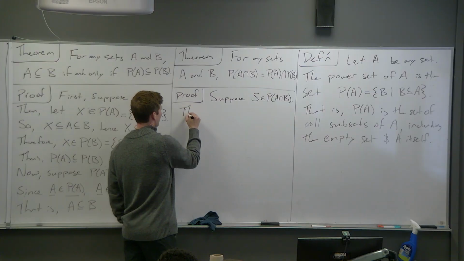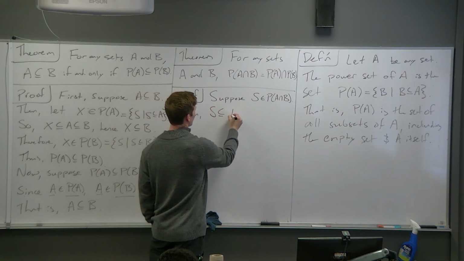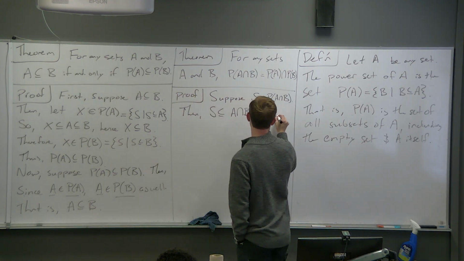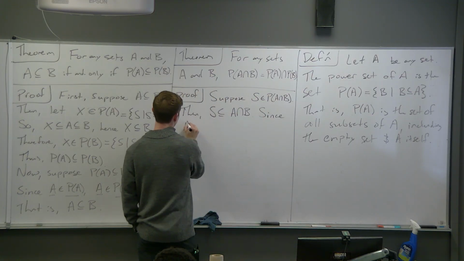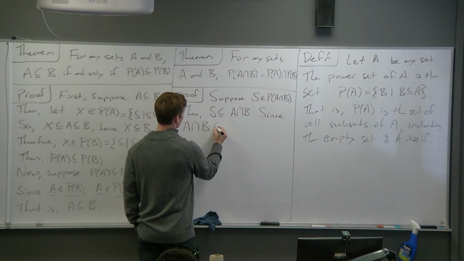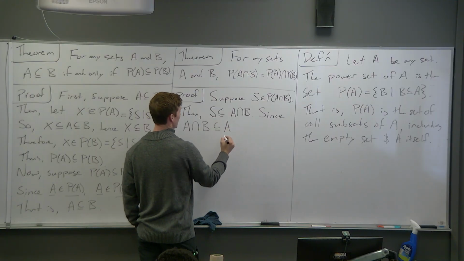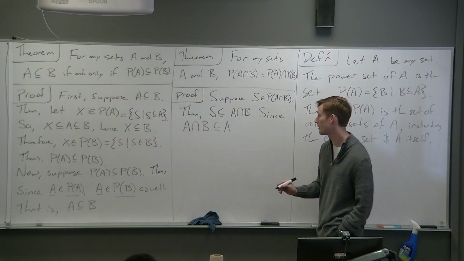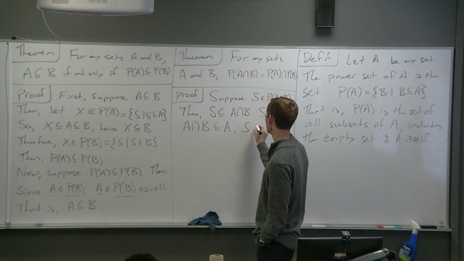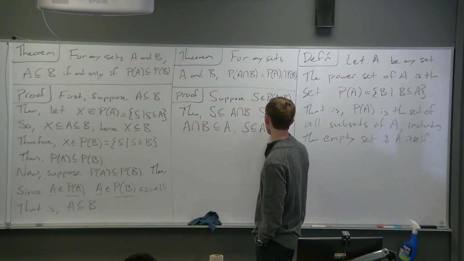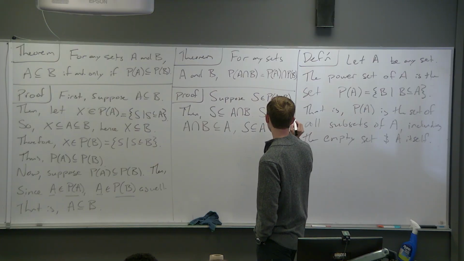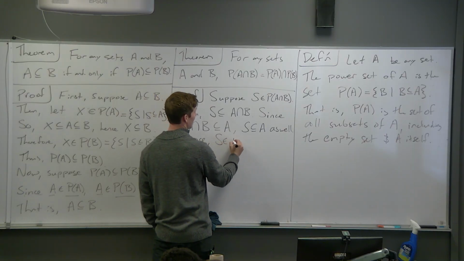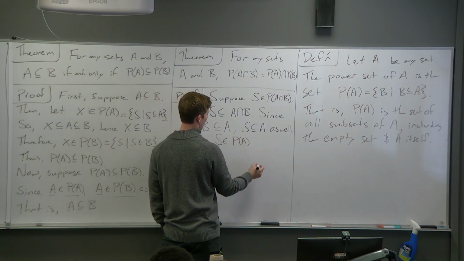Okay, then S is a subset of A intersect B, since A intersect B is itself a subset of, for instance, A. It is also a subset of B, whichever one you prefer. S is a subset of A as well. Hence, S is in the power set of A.